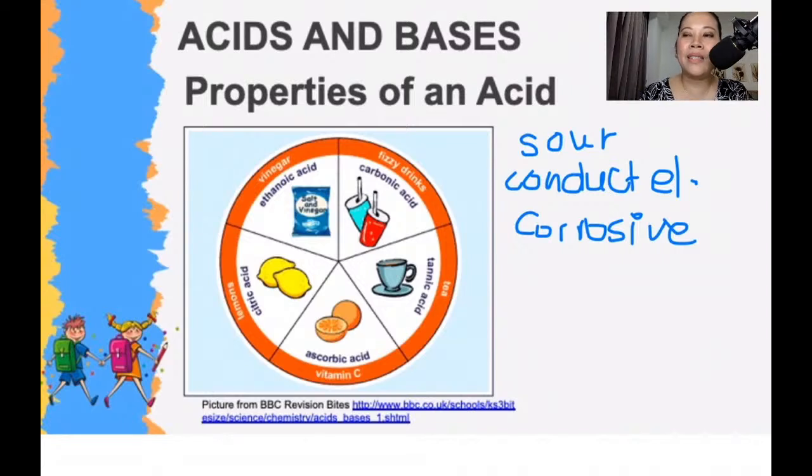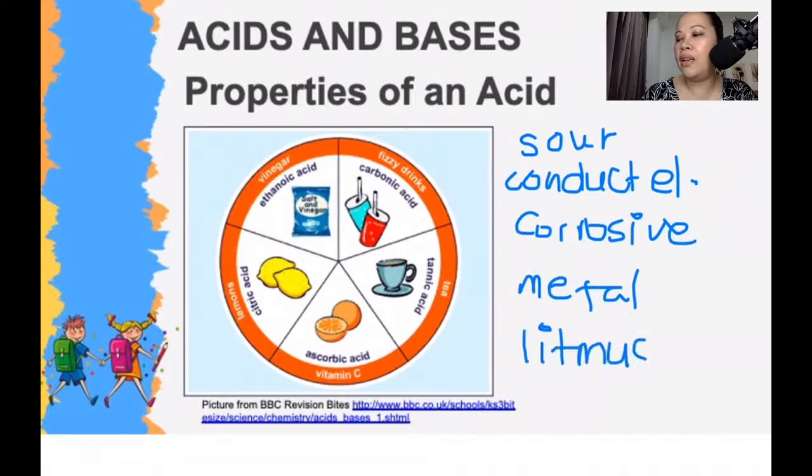Some acids react strongly with metal, and acid will turn litmus paper red. If you test an acid using an indicator, it will turn red. We call that paper, where you can determine whether something is an acid or a base, litmus paper.